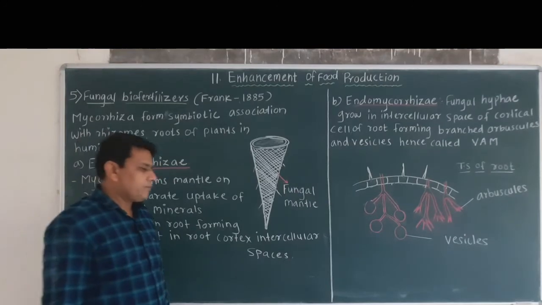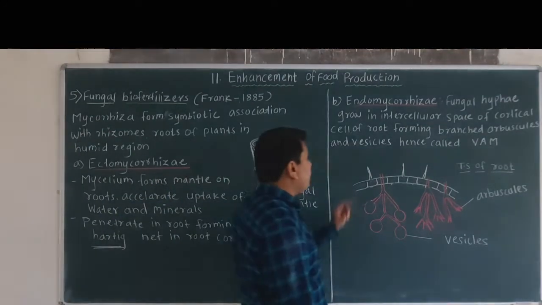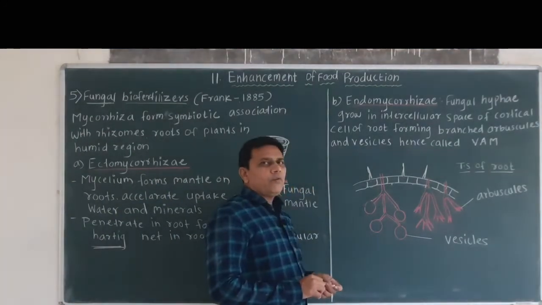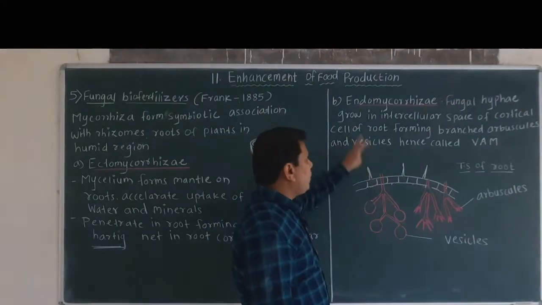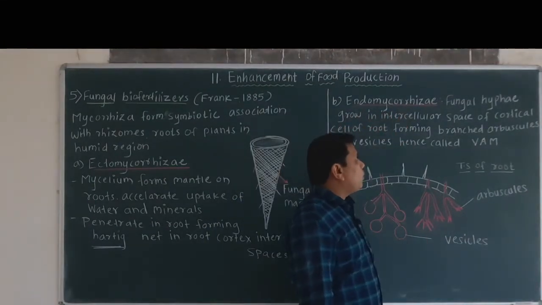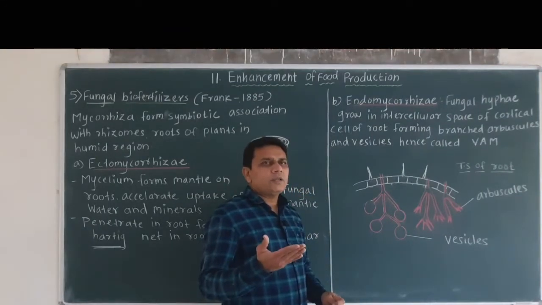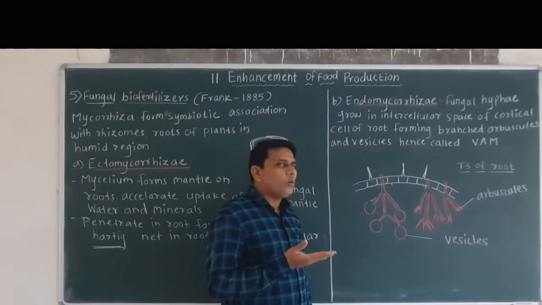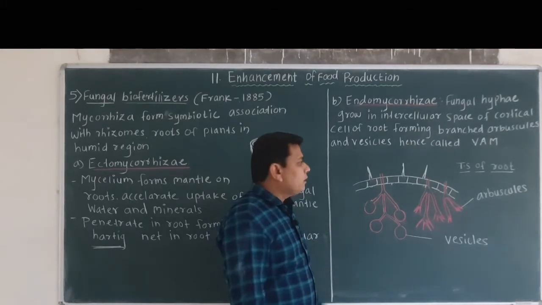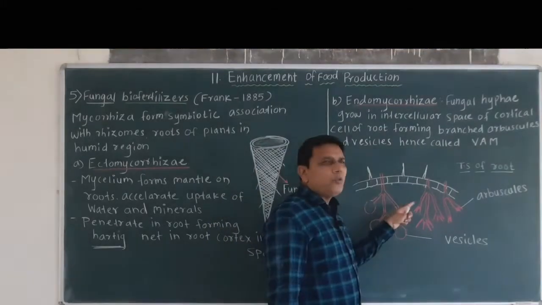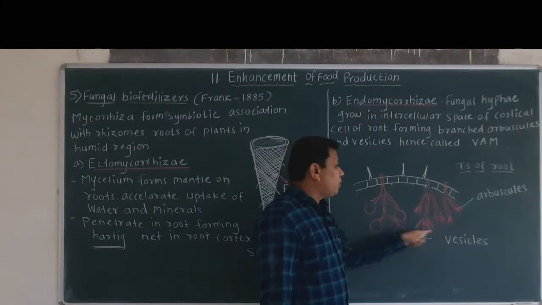and minerals. Then the second type of fungal biofertilizer is called endomycorrhizae. Now the name indicates, endo means the fungal hyphae grow inside the cortical region of the root. Here is the cortical region of the root.